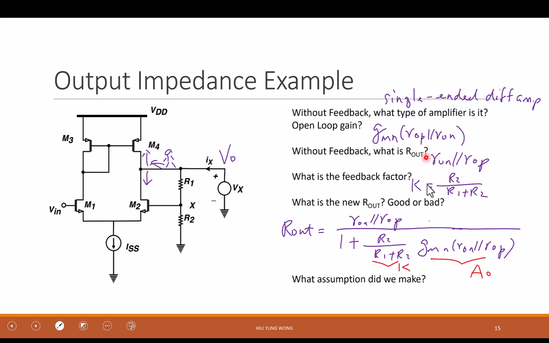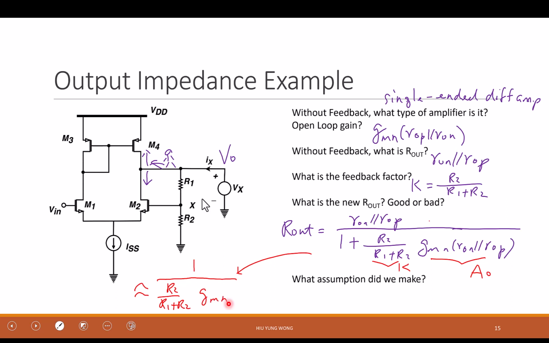Is it large, RON parallel ROP usually? Yeah, RON is supposed to be large. But what do you have now? RON parallel ROP divided by a very large term, right? If this is so large, actually I'm going to cancel this too. What is the approximate value? It becomes R2 divided by R1 plus R2 times GM, it's really just one over GM.